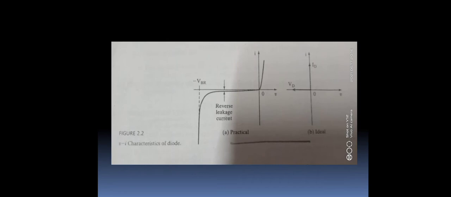In the ideal form, only the forward current flows, and the reverse current is in the reverse direction. This is the ideal voltage to current characteristic of diodes.